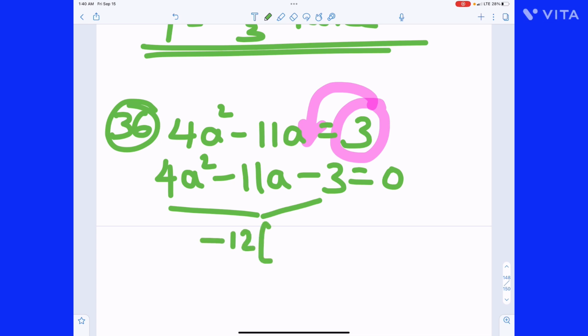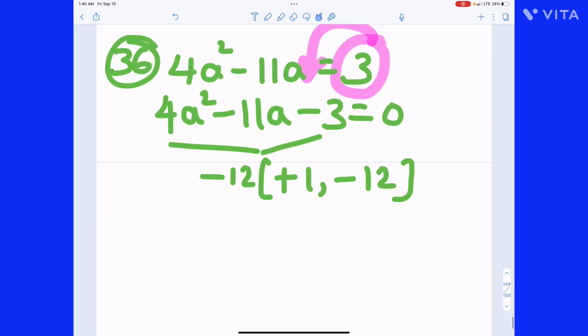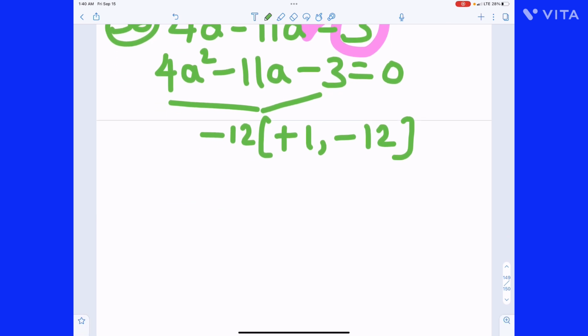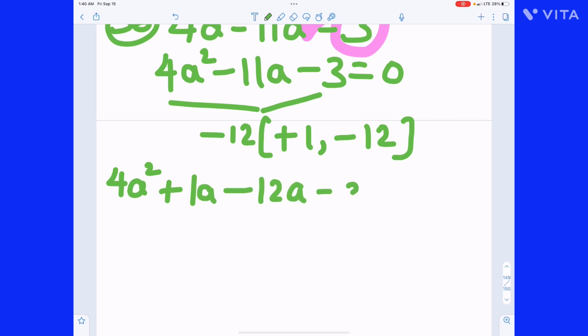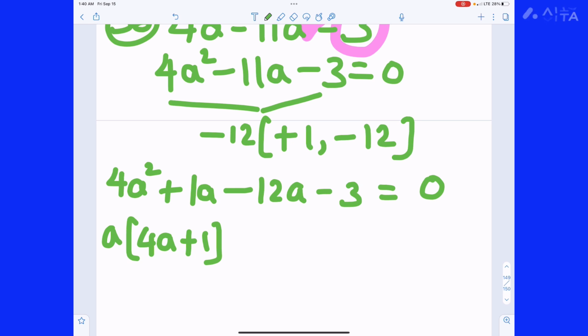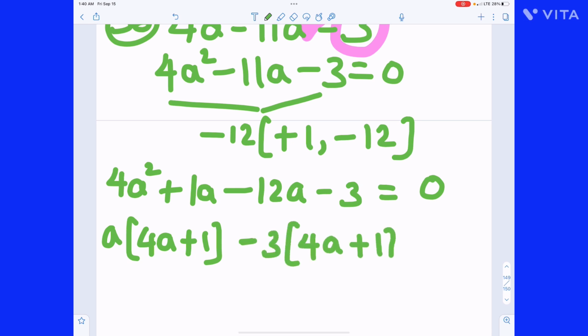What factors of minus 12 add to give minus 11 and multiply to give minus 12? That's plus 1 and minus 12. So this is 4a squared plus 1a minus 12a minus 3 is 0. So this is a, 4a plus 1, and minus 3, 4a plus 1.